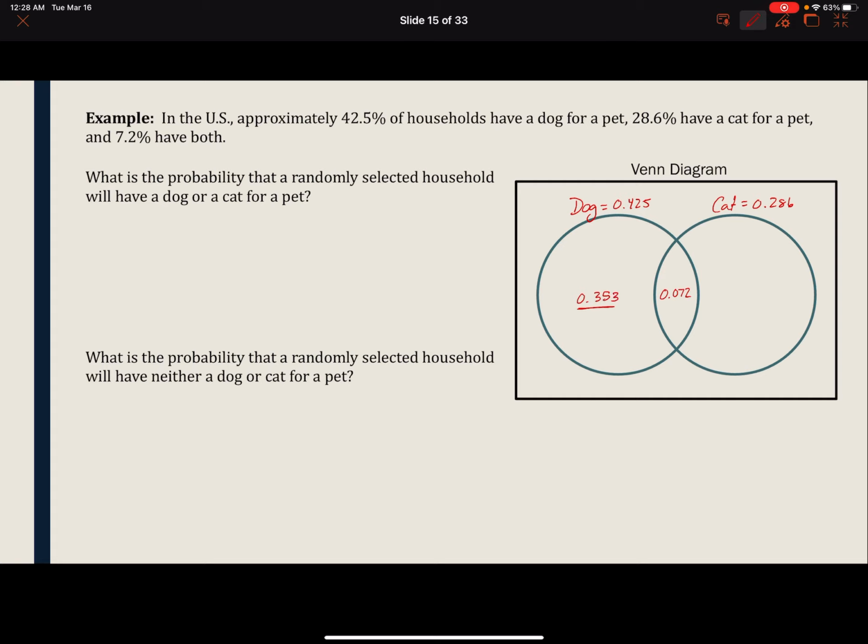So that is the probability that a household only has a dog. The probability that a household only has a cat, we'll take that 0.286 and subtract off the 0.072, and we will have 0.214.